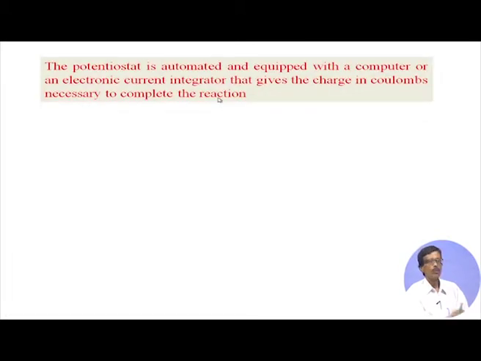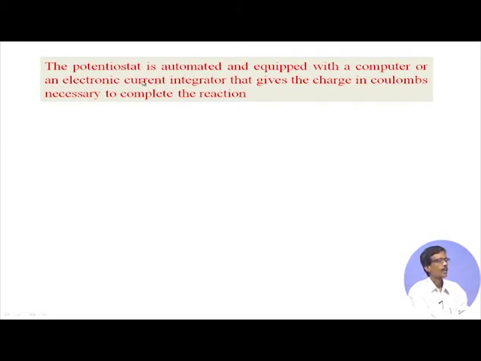This automatic instrument, the automated potentiostat, is useful to us because it is equipped with a computer; nowadays microprocessor and computer controlled systems can give automatic change in the potential values as well as recording of the current. So, the potentiostat which we consider is the automated one, equipped with a computer or an electronic current integrator.